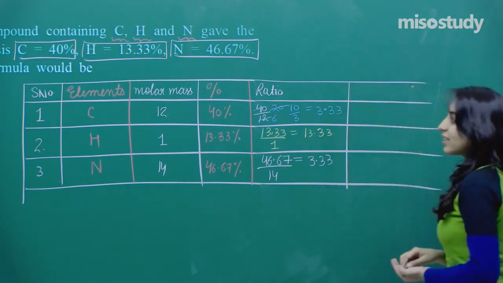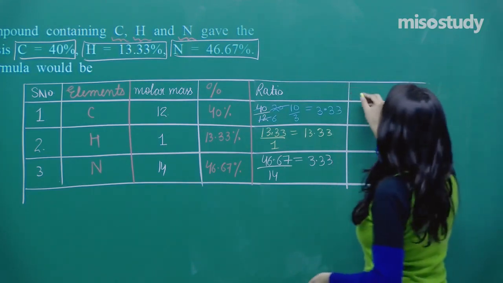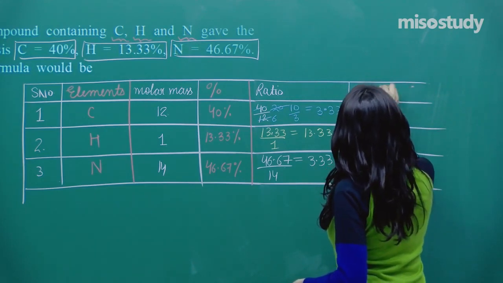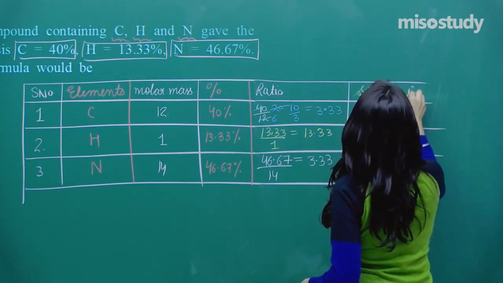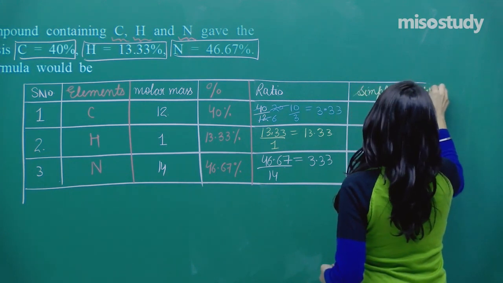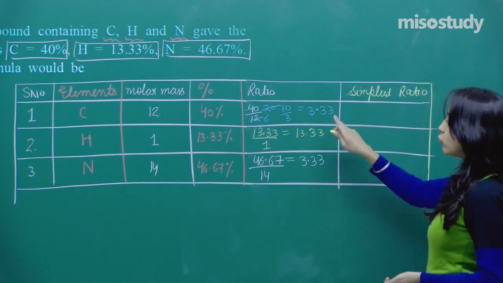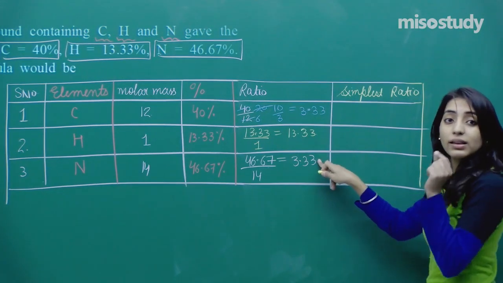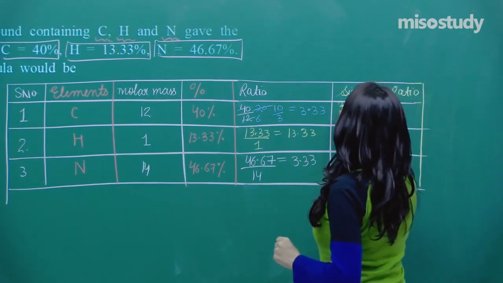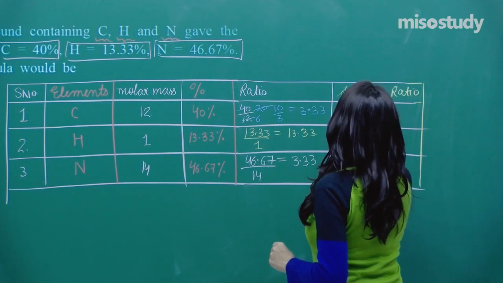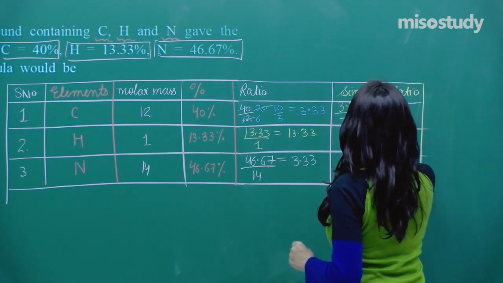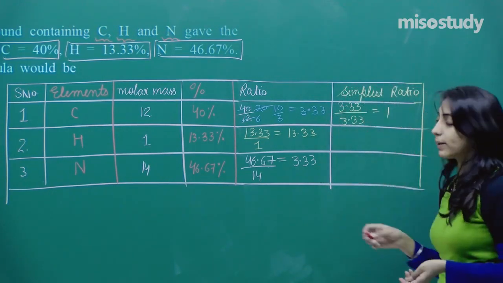Okay, but then this doesn't give us anything, right? So now I'll ask you to take the simplest ratio. What is to be done for the simplest ratio? You just have to divide the numbers by the smallest number. So 3.33 divided by the smallest number, which is again 3.33, comes out to be 1.